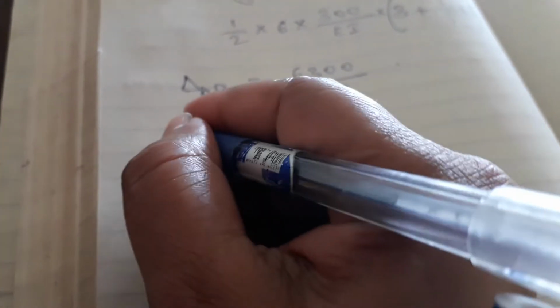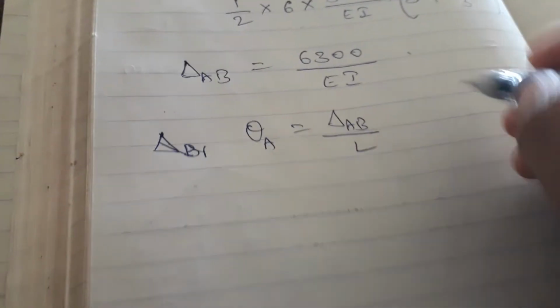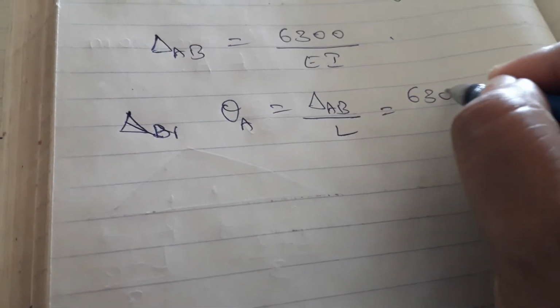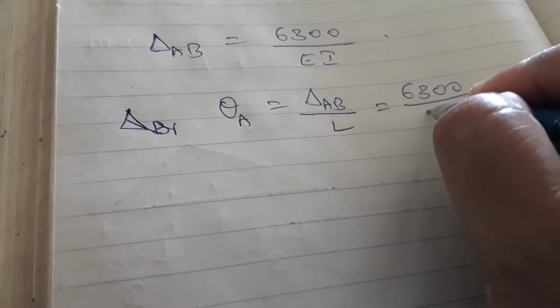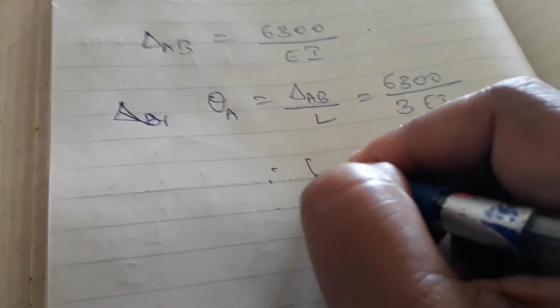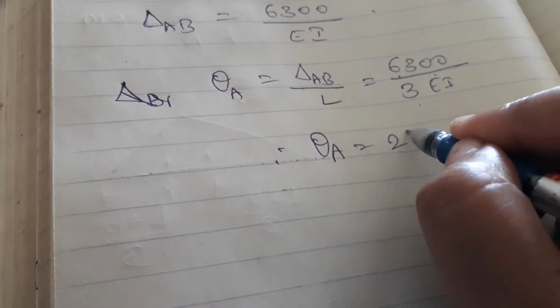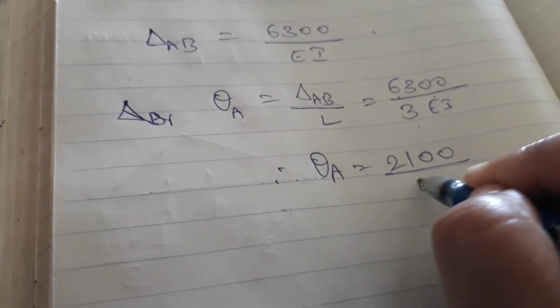Okay. Now first we will find theta A. Theta A is equal to delta AB by L, that is 6300 by 3 EI. Therefore theta A is equal to 6300 by 3, which is 2100 divided by EI.